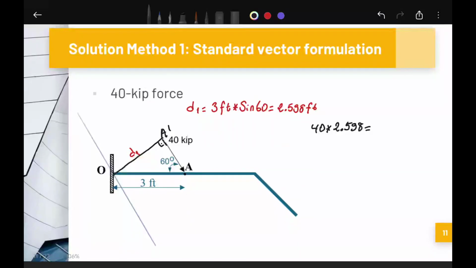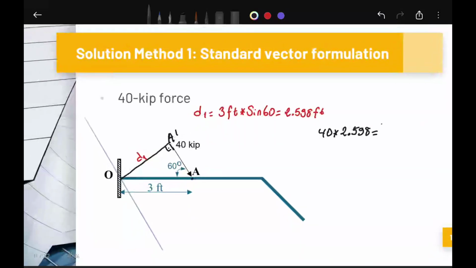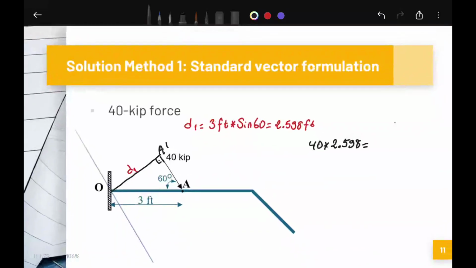We obtain the first individual moment. This is equal to 103.92 kip-feet. The last step is sign convention. This force tends to rotate in the clockwise direction. That's why we assign a negative sign.